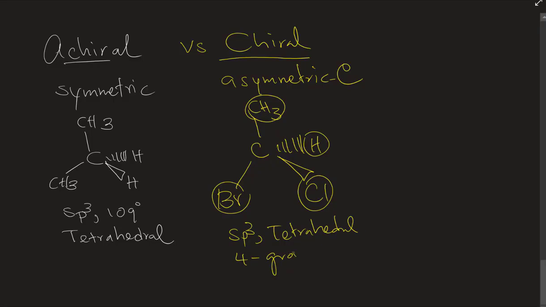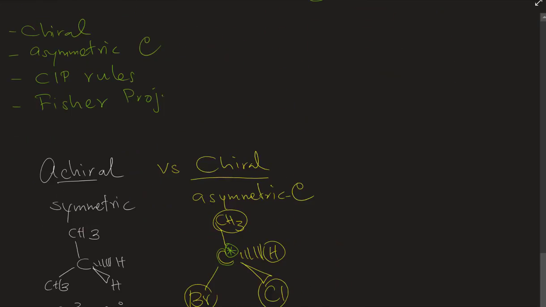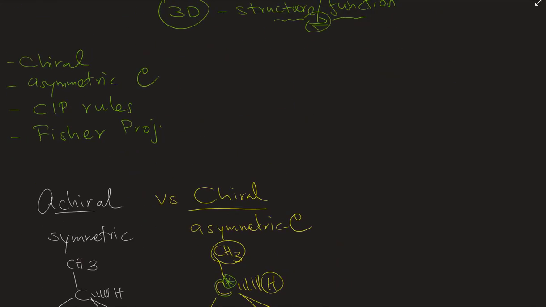It's tetrahedral, and these four different groups are important. When you have that, this carbon center is an asymmetric carbon. It's called the asymmetric center, asymmetric carbon, right? So that's the importance of achiral versus chiral.